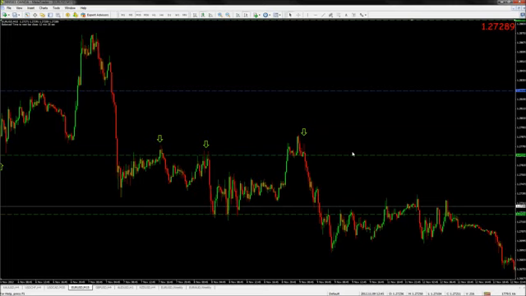Because you get more buyers, right, that push it through. Now here's the kicker. If we get price coming up and actually breaking through and detaching from this support area, say when price came up here, and then it came down here like this, and then just for a little bit you got enough buyers in here just to push it up a bit, that'd be enough for most sellers to get out.